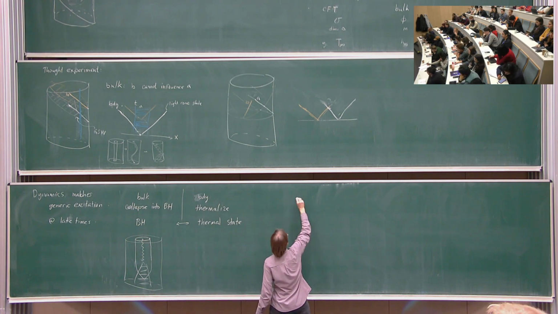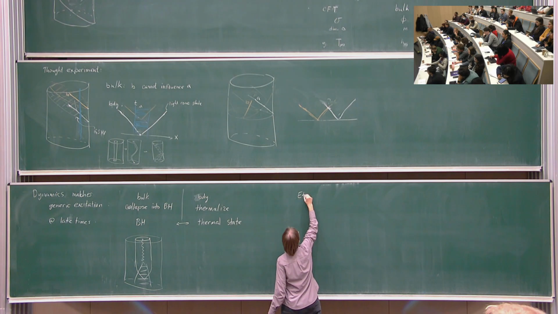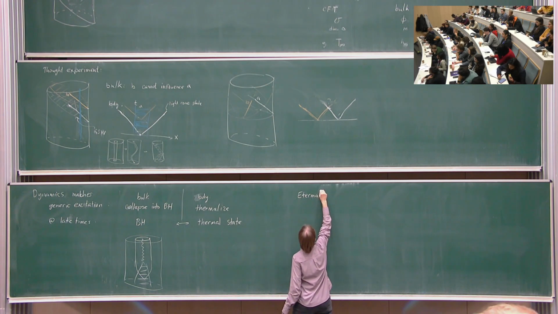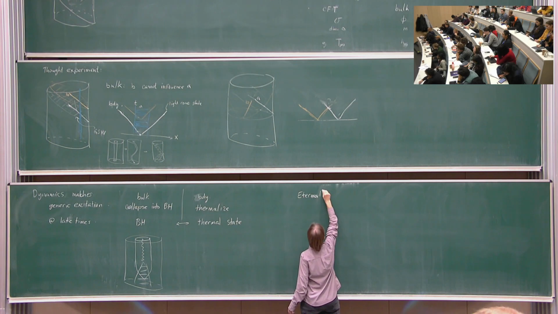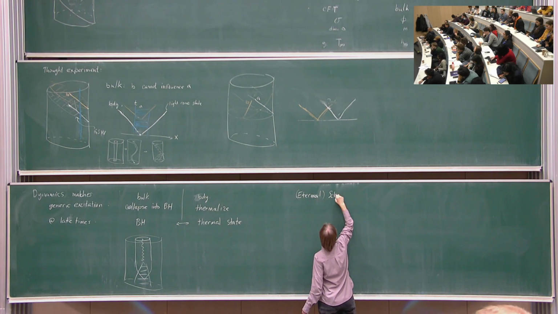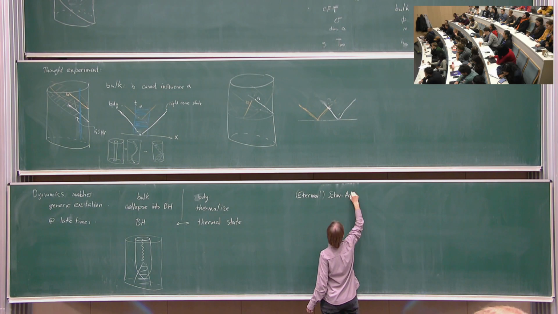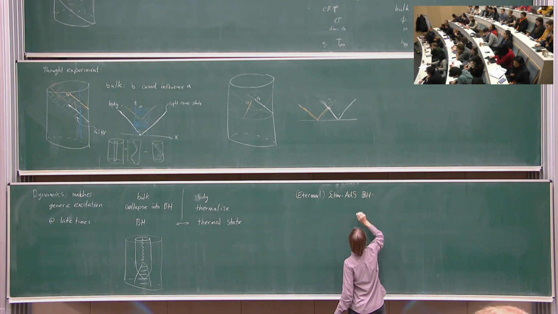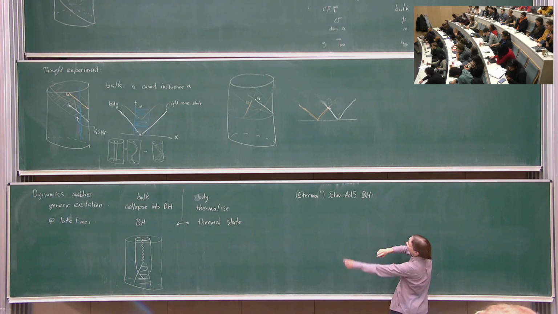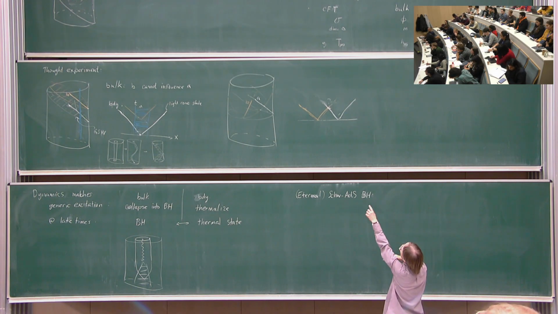So the eternal black hole is the usual Schwarzschild radius, the metric that Roberto was writing down. Okay, it's still the same form as we had.